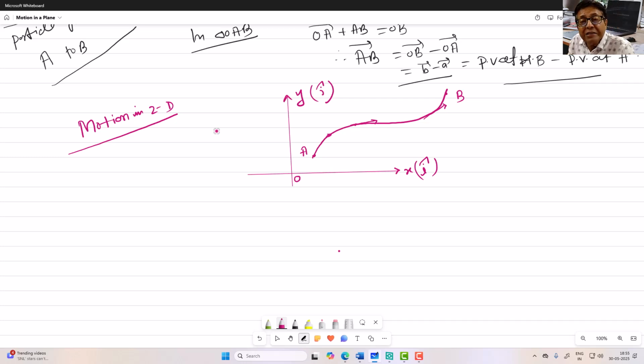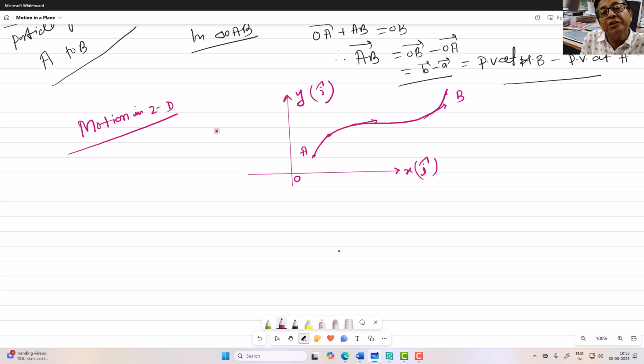What is that direction? It is along the curve, tangential to the curve or perpendicular to the curve. Everything will be discussed now. We are going to do all these things step by step. So two-dimensional motion means this two dimension is made of two one dimensions.